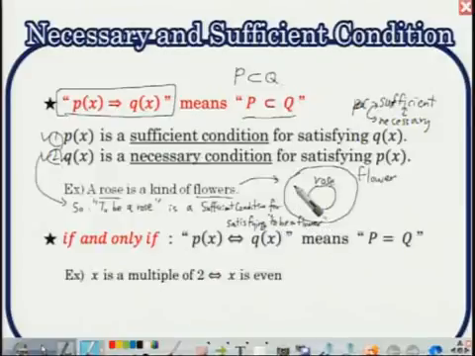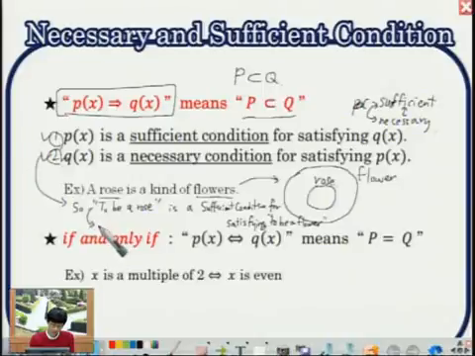You got it? It's kind of a lingual problem. To be a rose, you have to be a flower, right? So when I say the opposite, to be a flower is a necessary condition for satisfying to be a rose. Is it okay? I bet you understand.